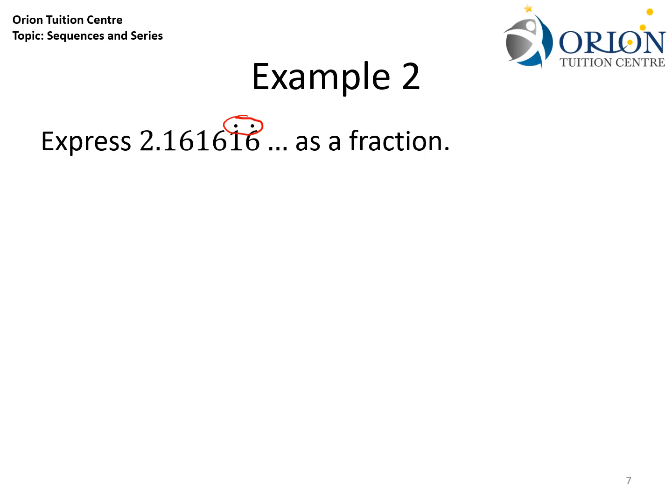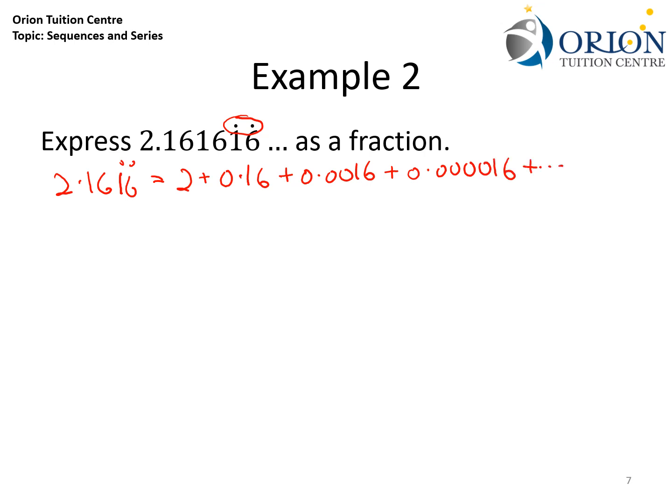Therefore, this is the same as writing 2.1616 equals 2 plus 0.16 plus 0.0016 plus 0.000016, and so on. Now if I factorize out the 0.16, I will have 1 plus 1 over 100 plus 1 over 100 squared, and so on.